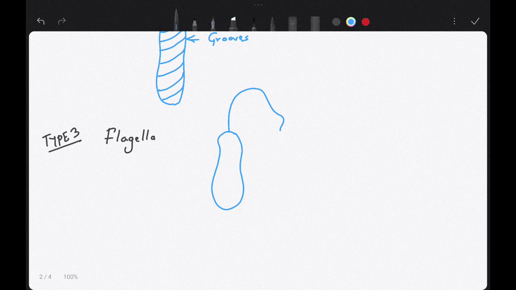So this is mainly the flagella. And type 4 is the cilia. What will happen in them is that these are small structures present throughout the body, and this helps in locomotion. I hope this much is clear.